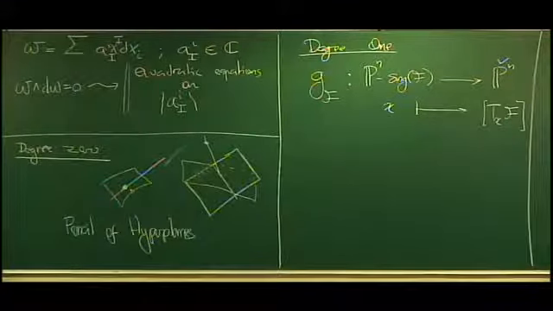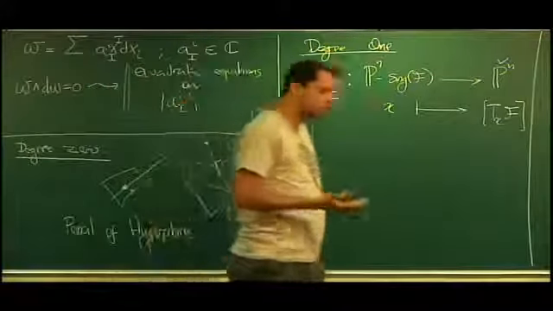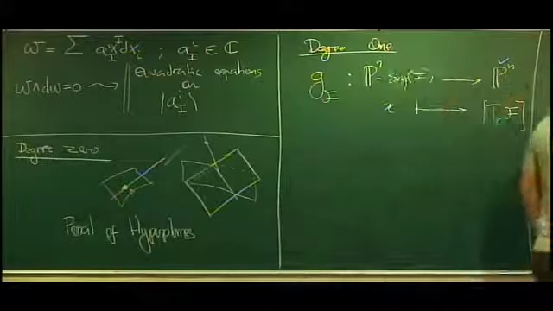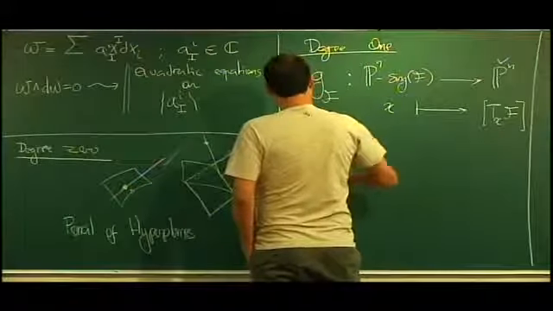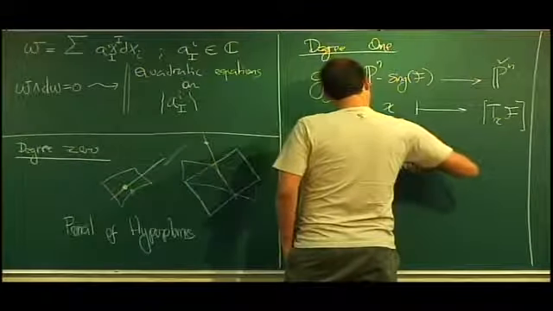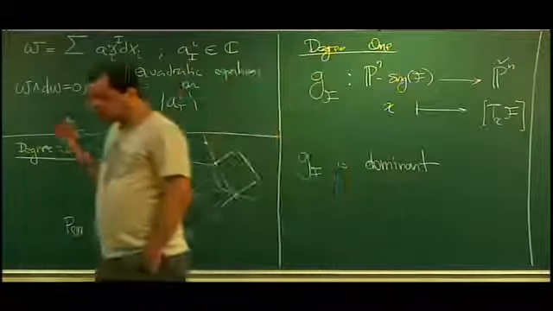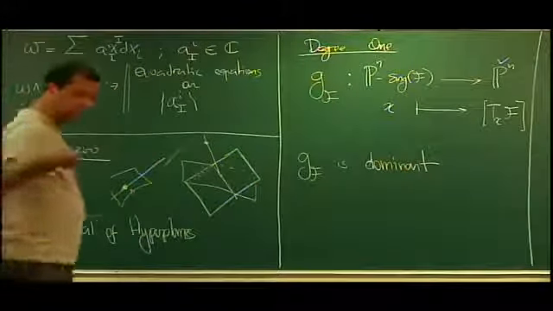And of course, we have two possible behaviors. Either this map is dominant, has dense image, or not. Suppose that GF is dominant. Then, according to your taste, you can say Bertini or Sard, and take a regular point in the image.